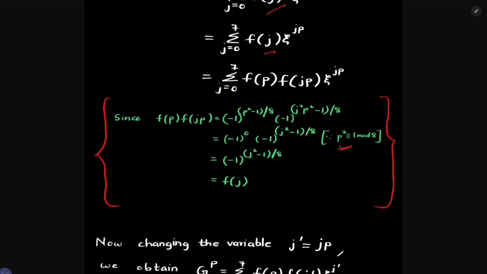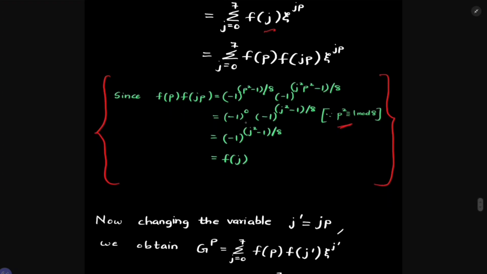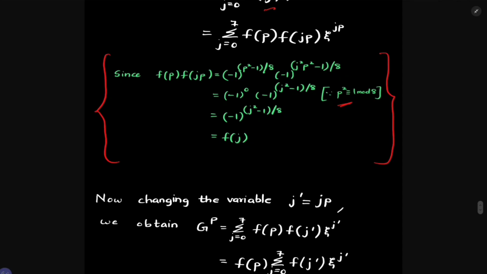So when I substitute p square equal to 1, I can write minus 1 the whole raised to 1 minus 1 is 0. So 0 by 8 is again 0. Minus 1 the whole raised to 0 into, when I give p square equals 1, again minus 1 the whole raised to j square minus 1 by 8. Now minus 1 the whole raised to 0 is 1. So I can write minus 1 the whole raised to j square minus 1 by 8. And by definition, this is f of j.